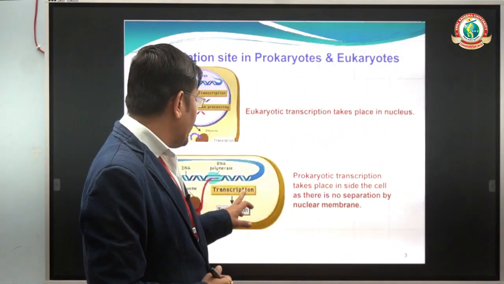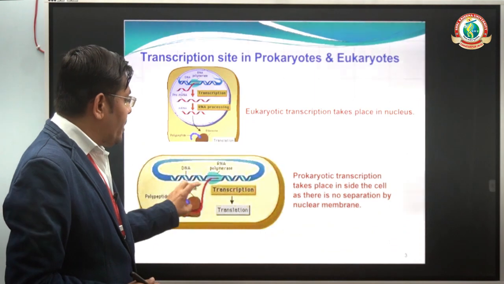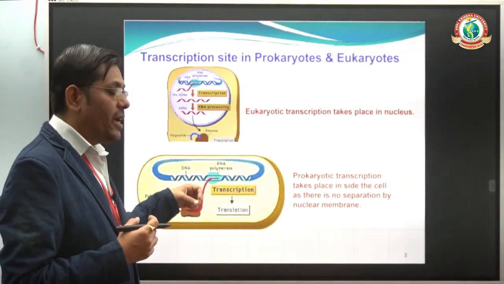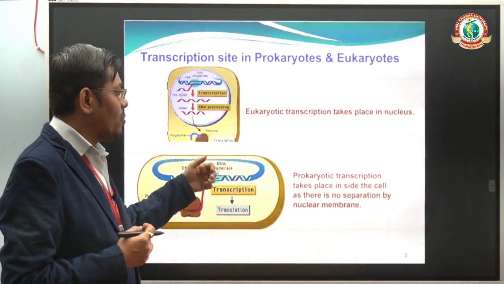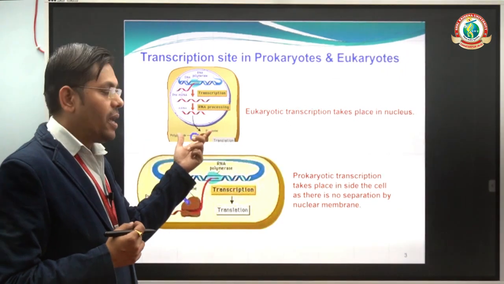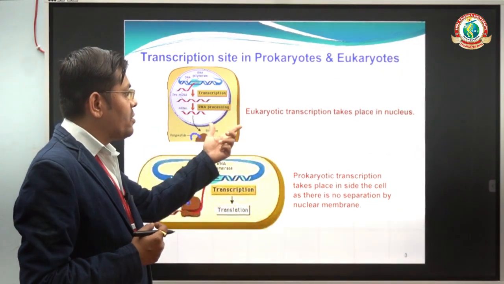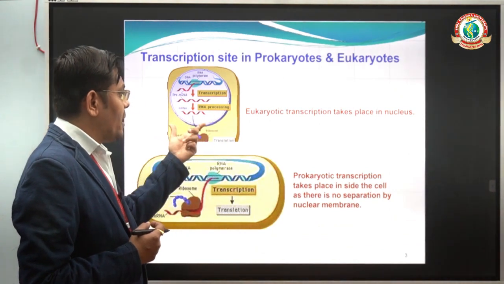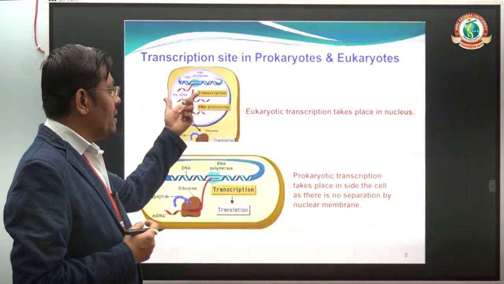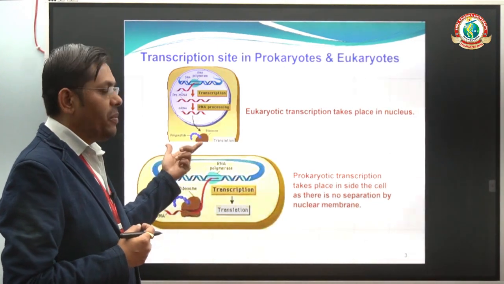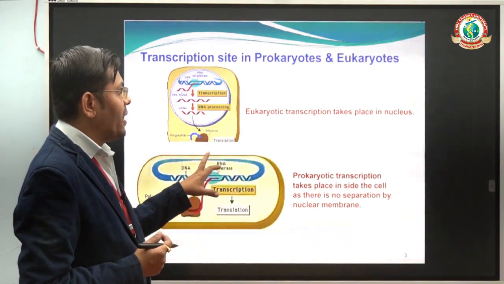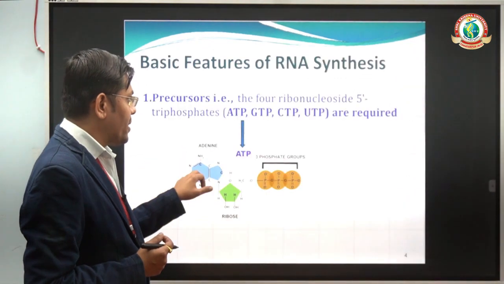Because in a prokaryotic cell there is no particular nuclear boundary inside which transcription can take place, while eukaryotes have a well developed nucleus, and inside the nucleus the process of transcription takes place. In this process DNA is present inside the nucleus, whether it is a prokaryotic or eukaryotic cell. So that is the transcription site in prokaryotic and eukaryotic cells.